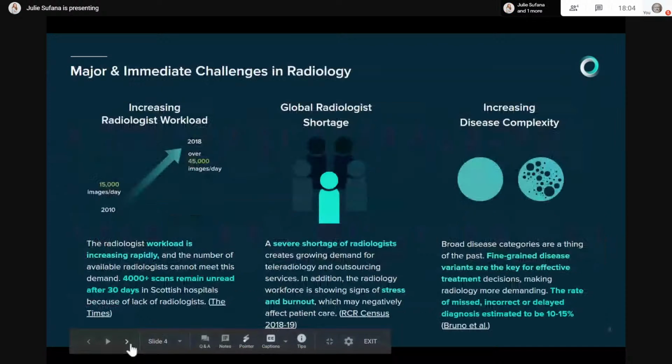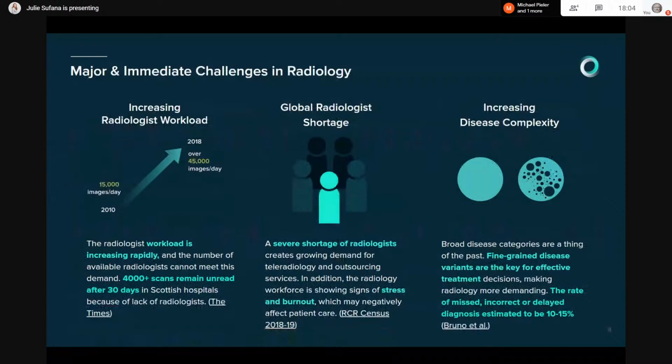And probably it's best, if you're not in the radiology domain, to give you an idea about the challenges that we face. So first off, as new technologies are emerging, so does the amount of data that's being generated. So it's very difficult for radiologists to know what data is relevant and to find that data right at the point of care. And this is really problematic because we're also facing a global radiologist shortage.